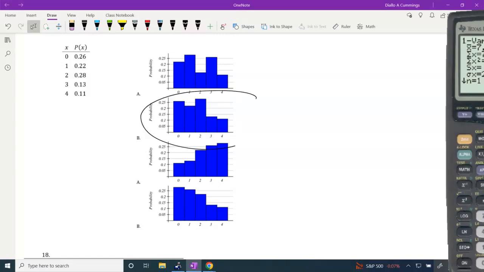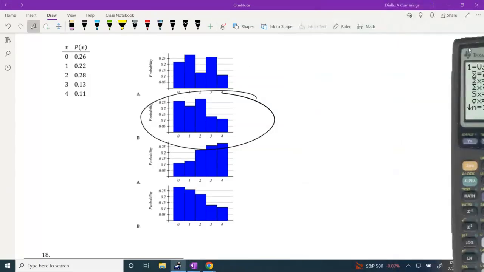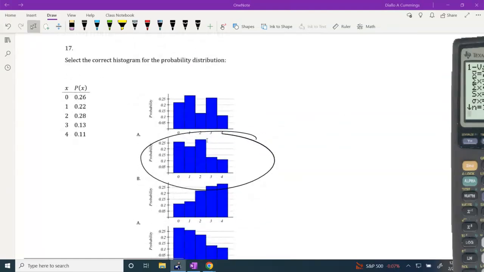So I believe it's going to be this one. So on the horizontal axis, you should see the random variable. The probability represents the height of that rectangle. All right, so we didn't talk about this in the slides, but any questions about the histogram for the probability distribution?